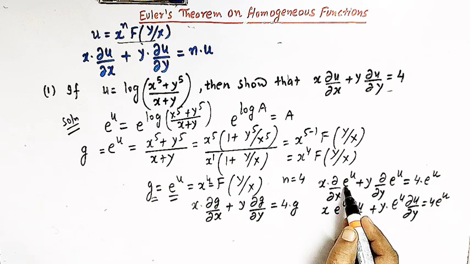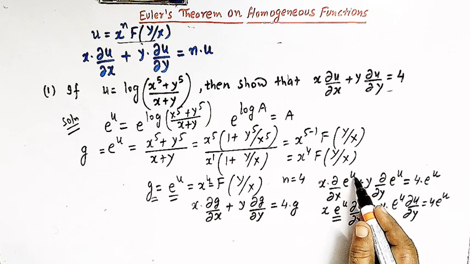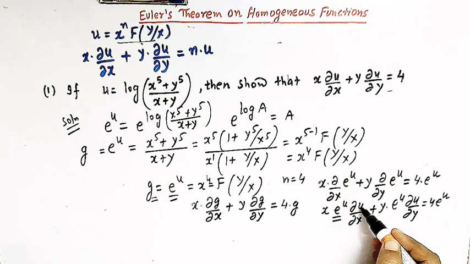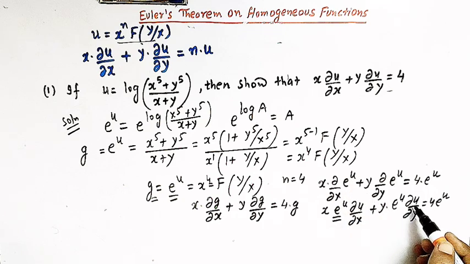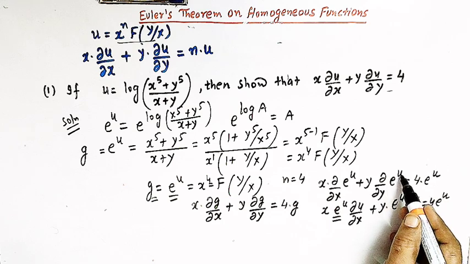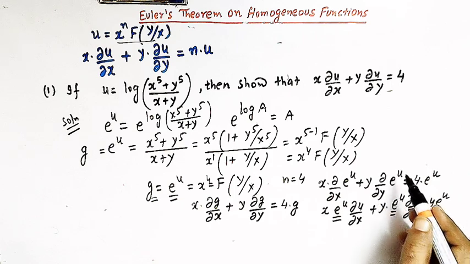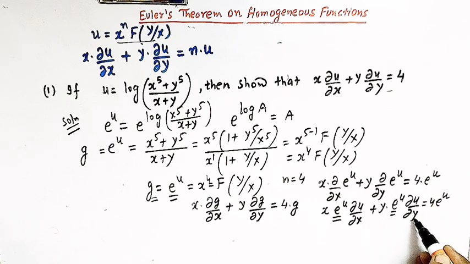So first we have differentiated e raised to u with respect to u. So we have e raised to u, and then u with respect to x. So we have del u over del x. And similarly here we have first differentiated e raised to u with respect to u. Then we have e raised to u, and then u with respect to y.